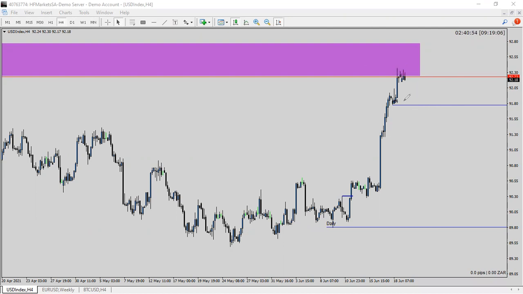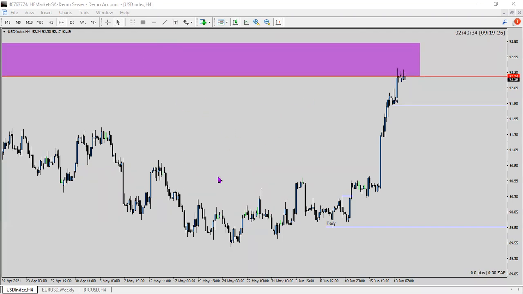But if I do not see that, then I will be looking for a break of structure to the downside here. Should I get that, that is when I will be looking for pullbacks into the range to capitalize on sells from that area.